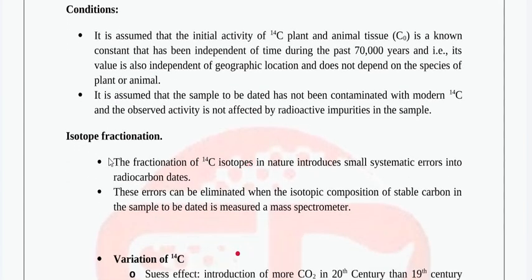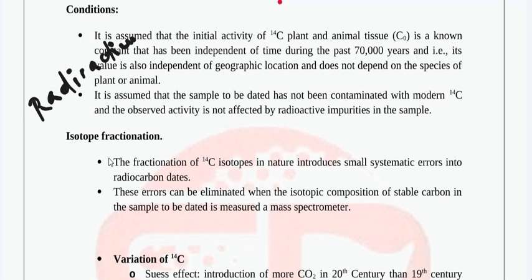So the conditions, you know all the radioactive conditions. What is the major condition applicable for all radioactivity? It should be a closed system. No outside carbon should be added after the death of the animal. That is not possible after death because the animal is not alive, so it will not consume any carbon.